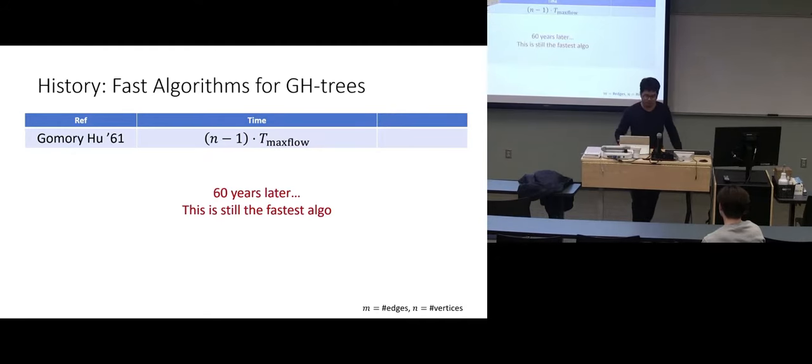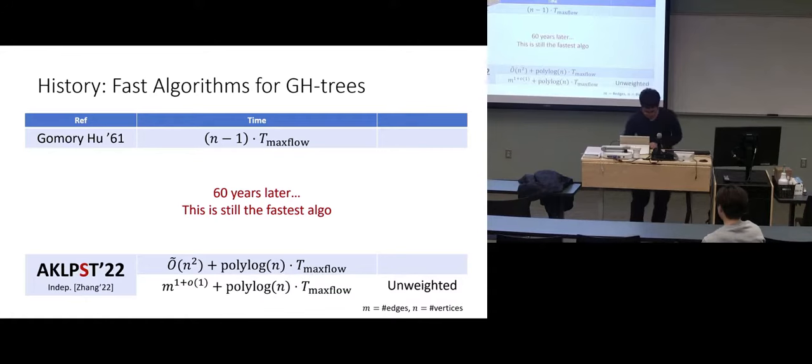Then it turns out that this remains the fastest algorithm until now. Last year, my co-author and I showed that you just need polylog many MaxFlow calls plus some additive factor. So that's much faster than n MaxFlow calls.